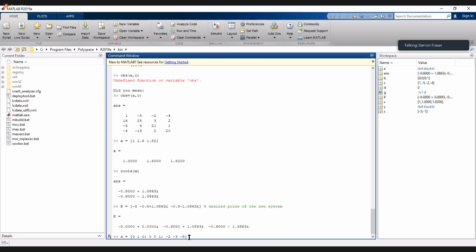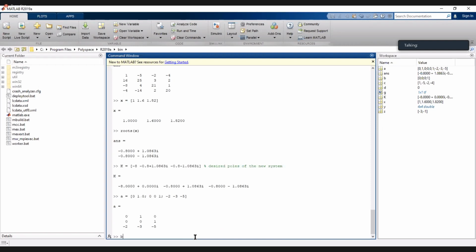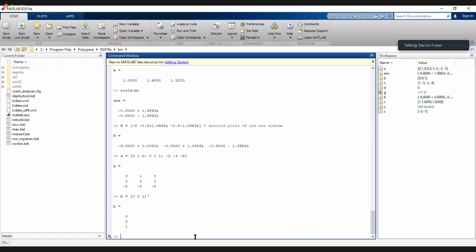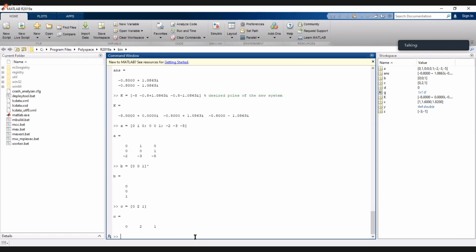And then we put in our B, which is 0, 0, 1 transpose. And put in our C, which is 0, 2, 1.